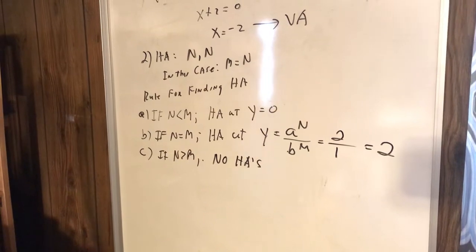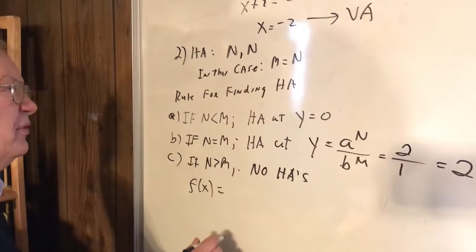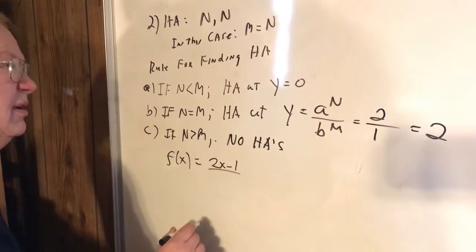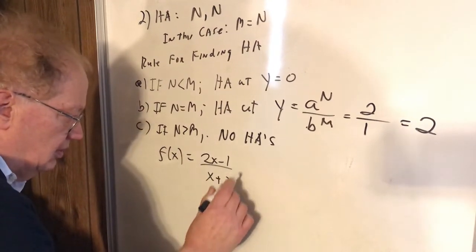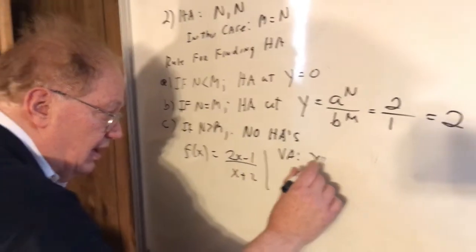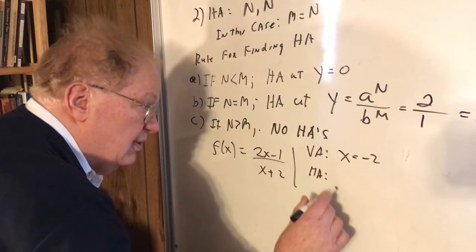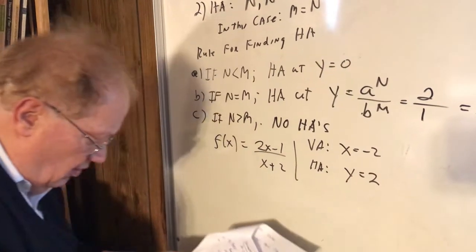So for the case of f of x equals 2x minus 1 over x plus 2, we know the vertical asymptote is x equals minus 2, and the horizontal asymptote is y equals 2.